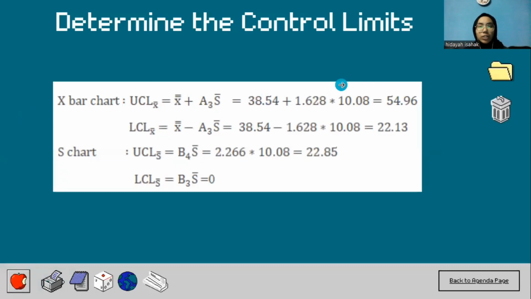After we get the constant values, we can put the values in the formula. For the X bar chart, the formula is UCL X equals X double bar.